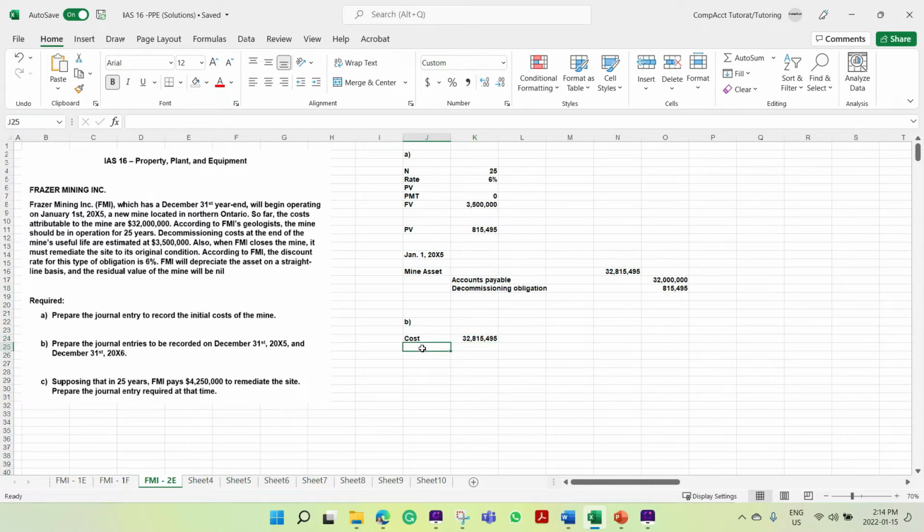We got the useful life. I'm going to use just the initials here, and that's 25 years. And as far as the residual value, there's none. Okay, so those are the 3 inputs that I need.